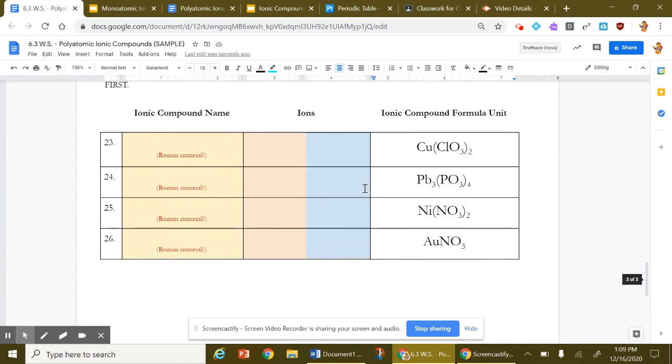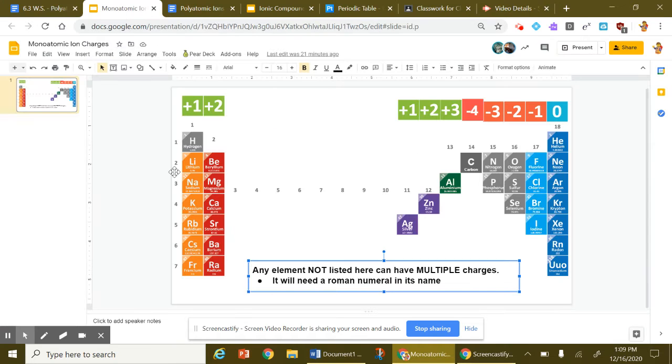Okay, let's deal with these last ones now. The real tricky ones. Number 23. CuClO3. Well, Cu is copper. I know that. And what is the charge of the copper ion? Can I find it here? Copper, Cu. I can't find it. Uh-oh.